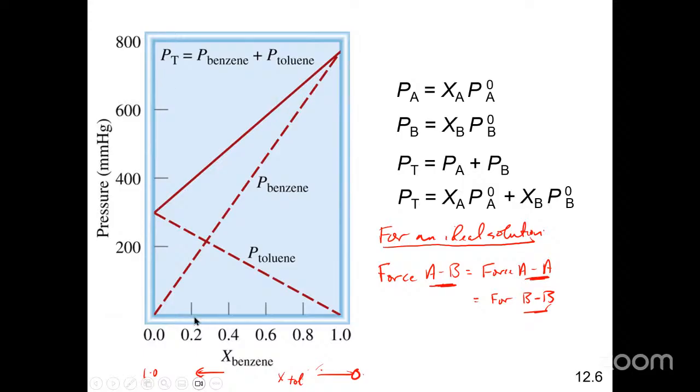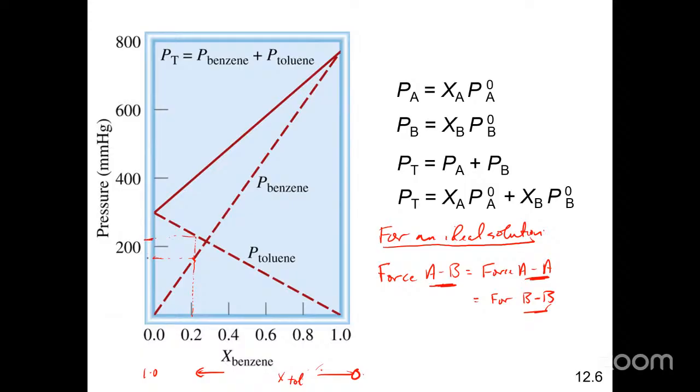So for example, if you want to find out what the vapor pressure of the total mixture is, let's say you're starting from a mole fraction of 0.2 for benzene, which would be 0.8 for toluene. You just draw a perpendicular line, which cuts the curve for benzene, and then you find out what that value is, and then continue that line for toluene, and you find out where that value is.